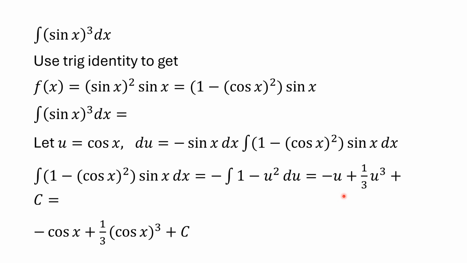Now, this is going to be a negative u, bring the negative sign in, plus u cubed over 3, and negatives here make a positive, plus c. What is u? Cosine x. So negative cosine x plus 1/3 cosine x cubed plus c. Okay, so we have all sines, and we need sines and cosines, so the trick is to use a trig identity.